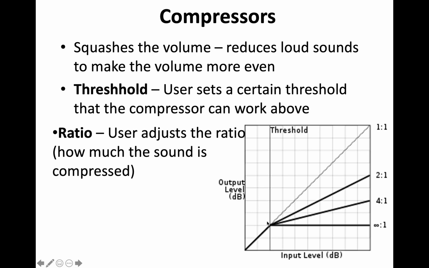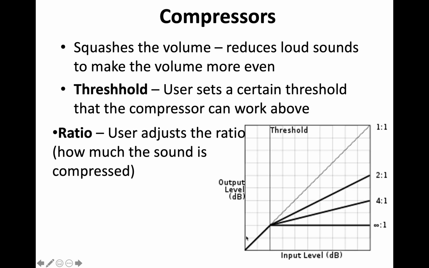With the threshold set at this line here, once the input goes above that volume, whatever it is, you can see that the angle immediately changes. Whereas it would continue up to get louder and louder, it's actually squashing it down even further.